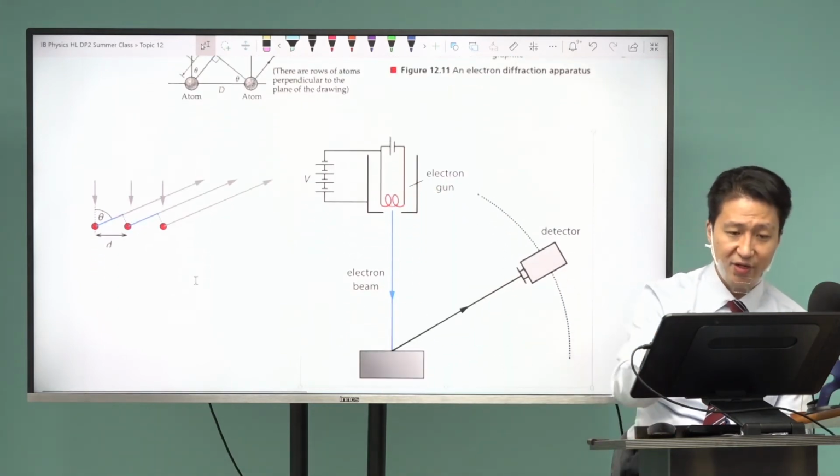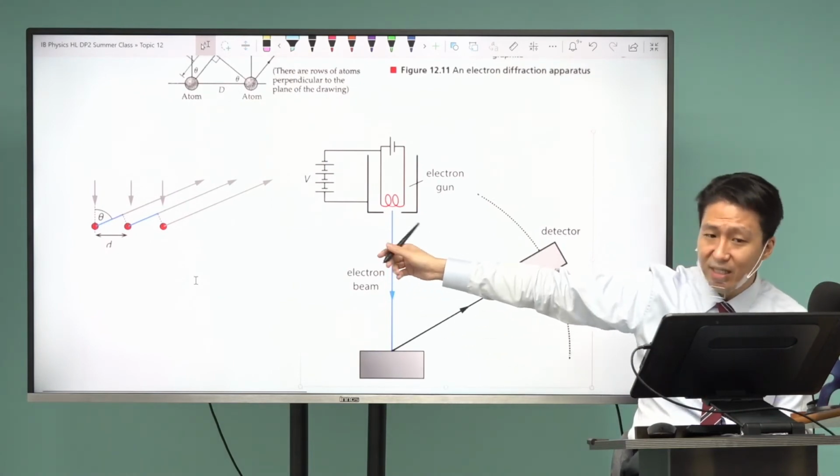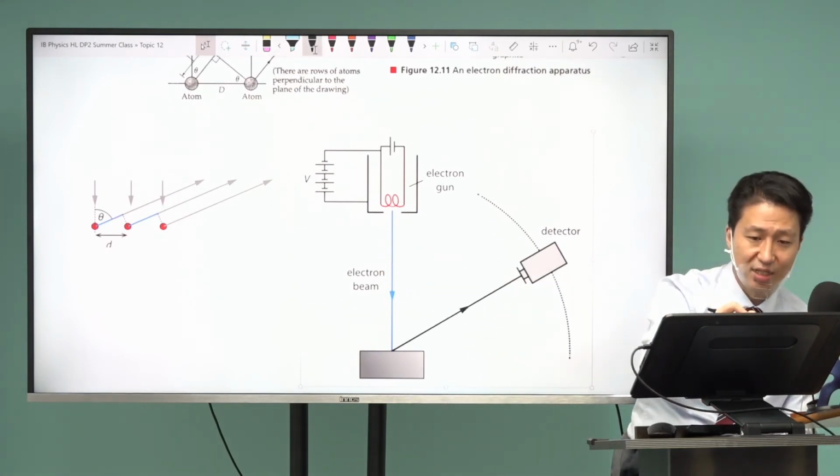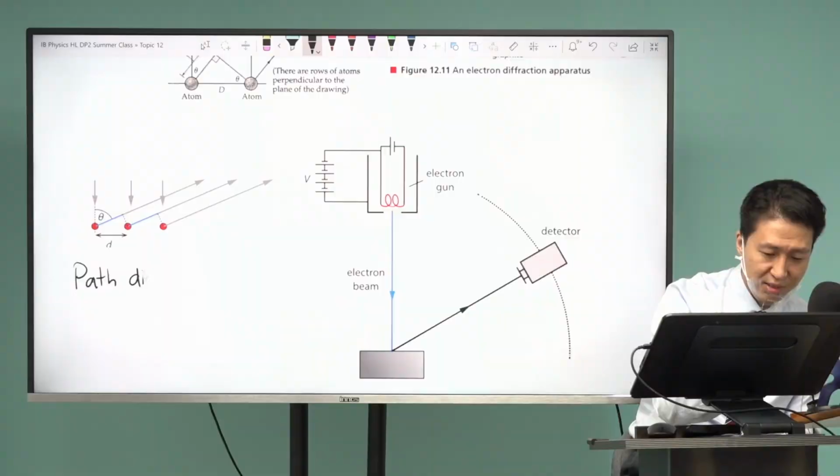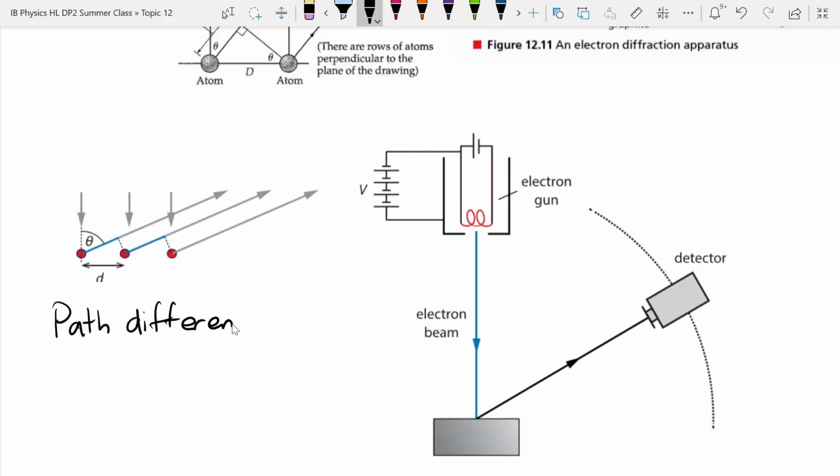So if the slit distance is d, then the path difference is going to be d sin θ.